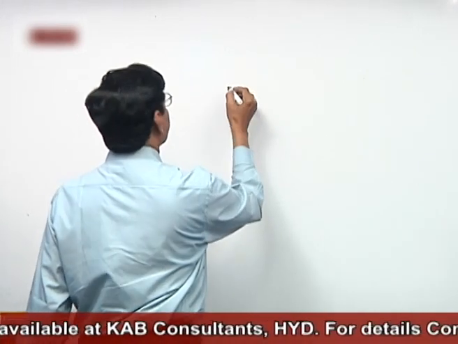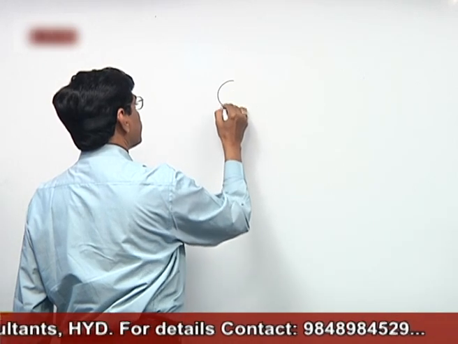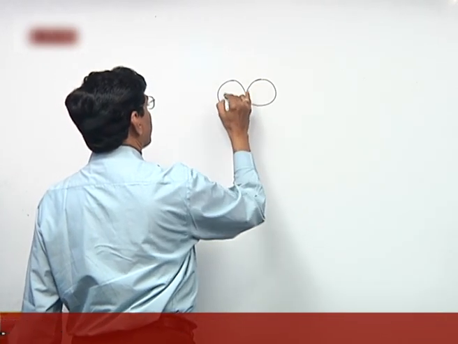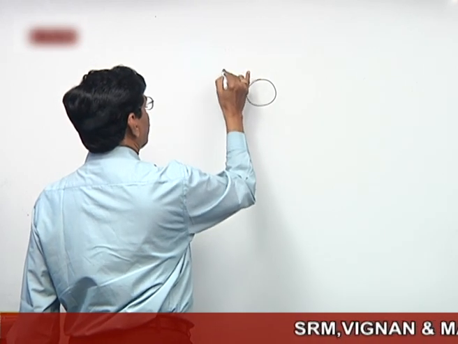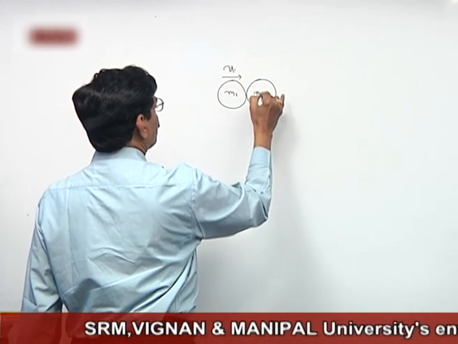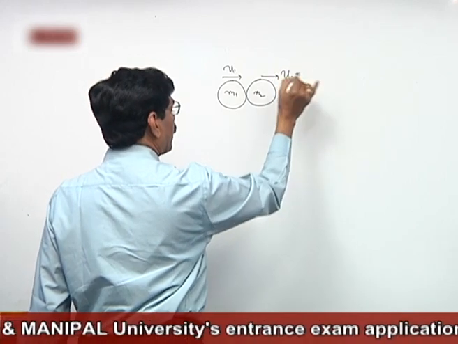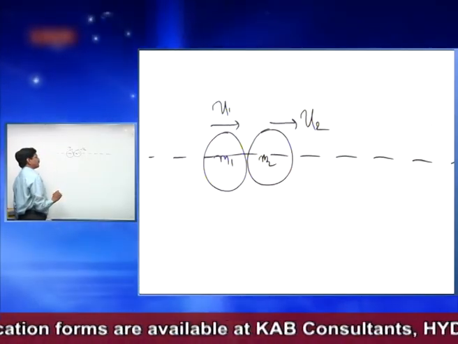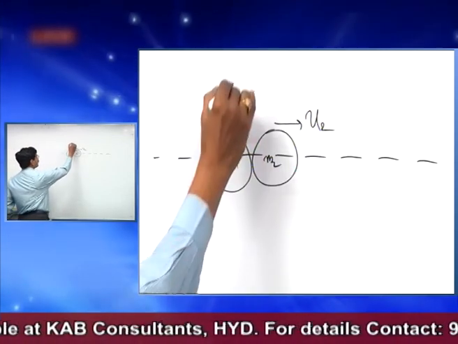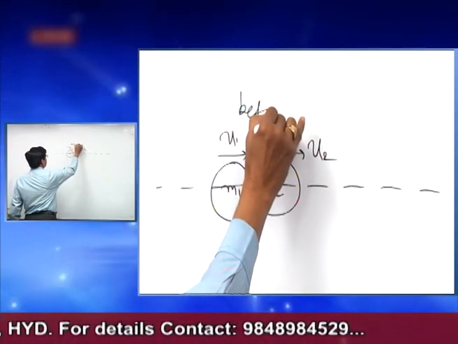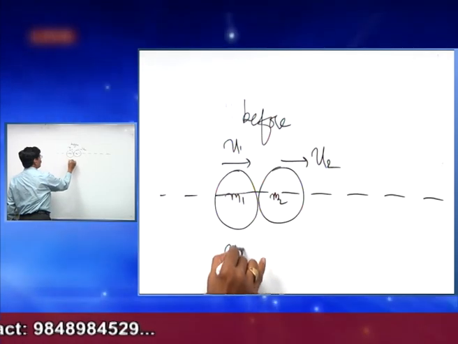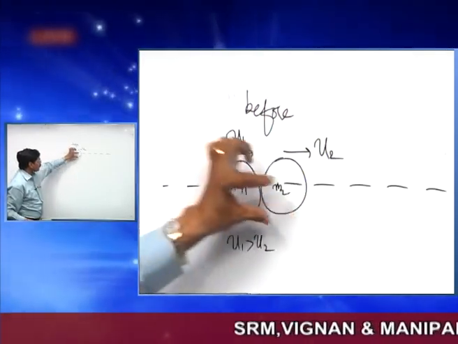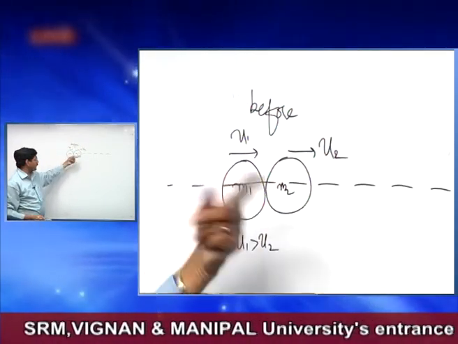What actually happens between two bodies is, say this is one body and this is another body, m1 moving with velocity u1, m2 moving with velocity u2 along the same line. We are talking about head-on collision, and we are considering elastic collision. This is before collision, they are moving in this direction with u1 greater than u2, meaning ball m1 is colliding with ball m2 from behind.